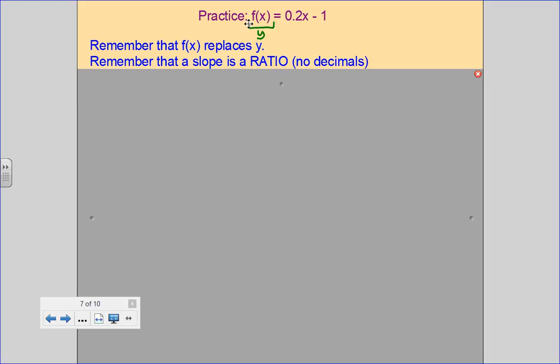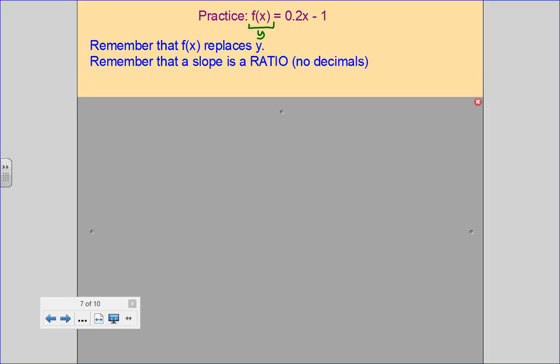So because this was written as function notation, that's why it was okay to have 0.2 x minus 1 equal to the function. However, if we're going to be graphing this eventually, we need to change this so that our value next to x is being written as a ratio instead, so no decimals.